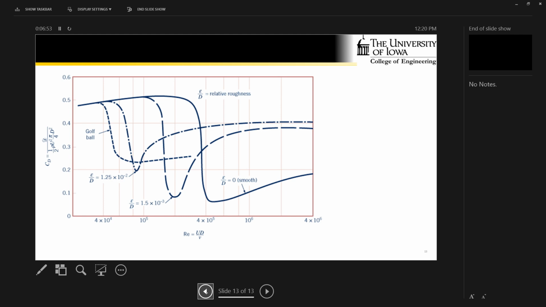So you've got our conventional golf ball, and you see you hit turbulence, and therefore that minimization of pressure drag pretty early on. So the idea here is when you hit a well-hit golf ball, the velocity is going to give you a Reynolds number that's somewhere right around here.